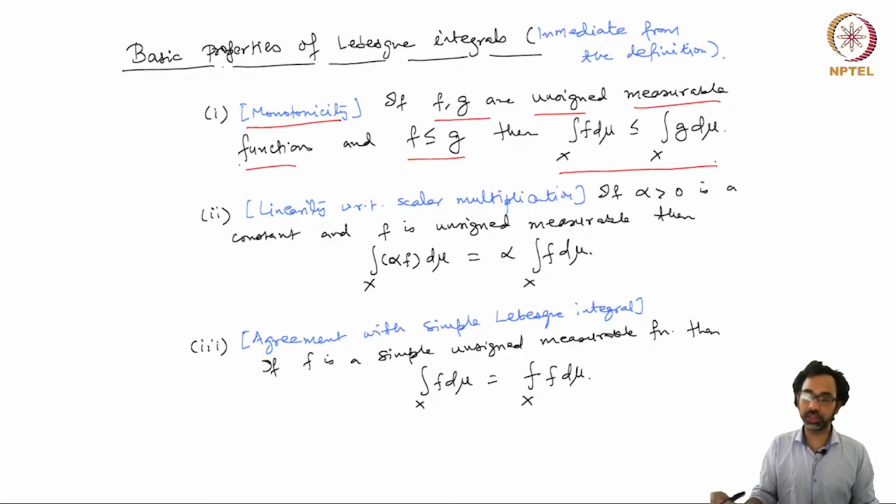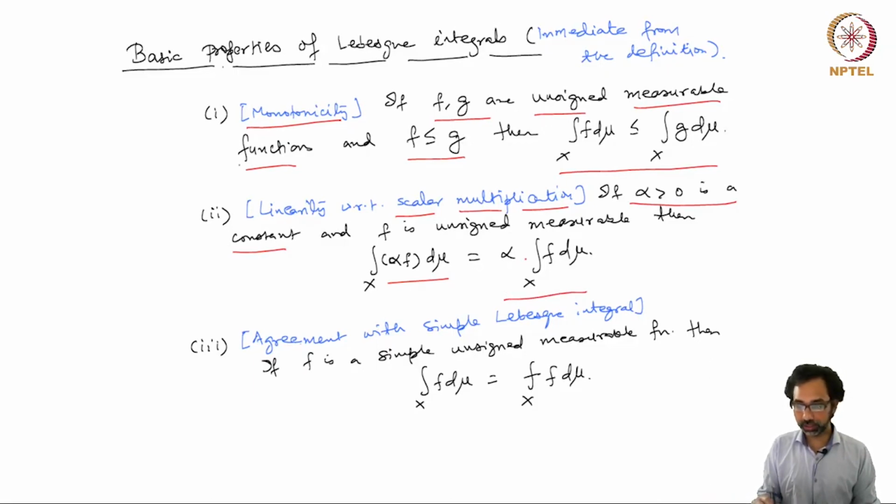The second one is linearity with respect to scalar multiplication. We have seen that the simple integral is linear with respect to scalar multiplication, and of course this also holds for the Lebesgue integral for unsigned measurable functions. So if alpha is a positive constant, and f is an unsigned measurable function, then the integral of alpha f d mu is equal to alpha times the integral of f d mu.